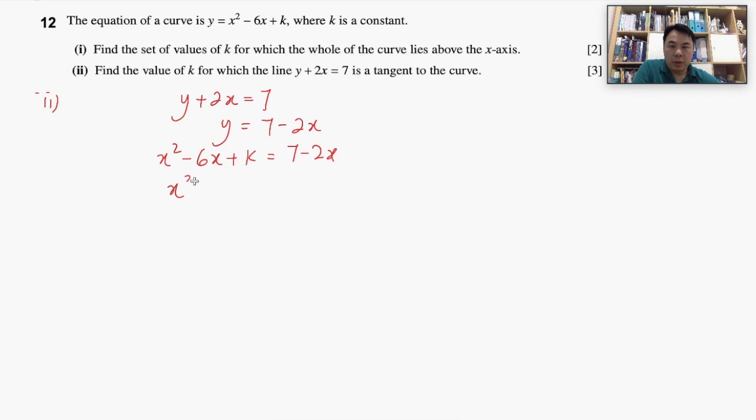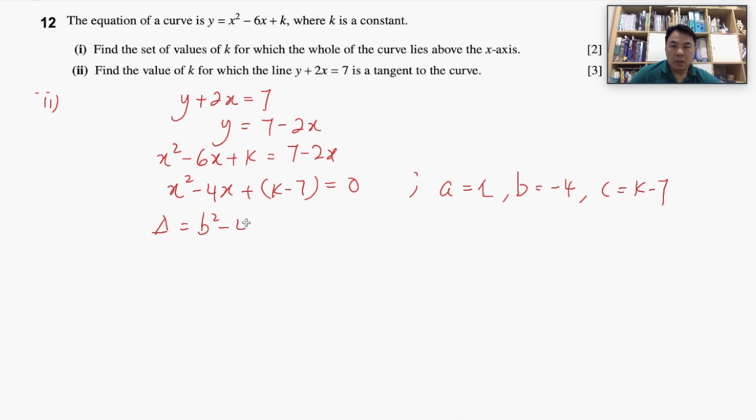Rearrangement, that will be x squared minus 4x plus k minus 7 equal to 0. And then we know that it's a tangent. Again, a good habit, write down a is 1, b is -4, c is k minus 7. Discriminant must be equal to 0 because it is a tangent.